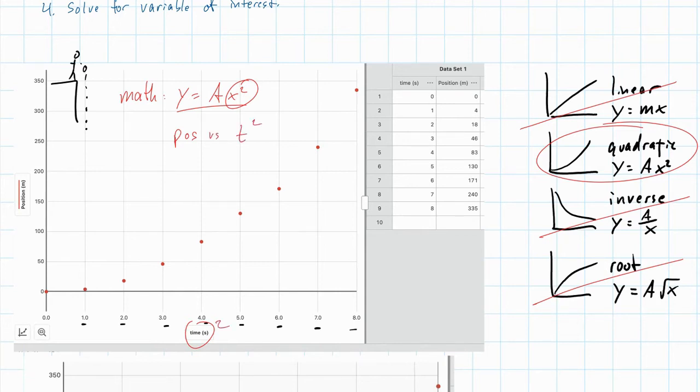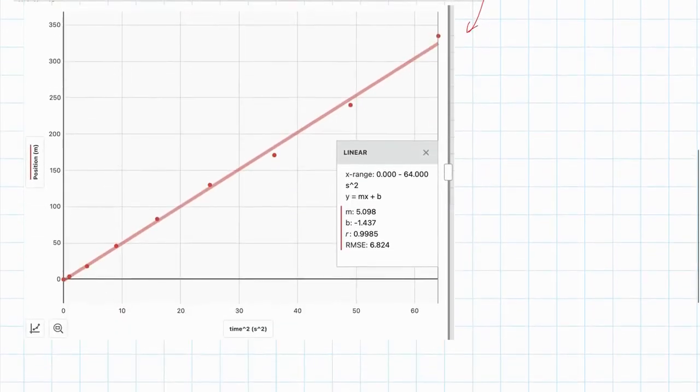So I want to take my time data and square it. Time squared, that's going to be 0, 1, 4, 9, 16, 25, 36, 49, 64. And now I'm going to graph position versus t squared. And oh, look, there it is, position versus t squared.